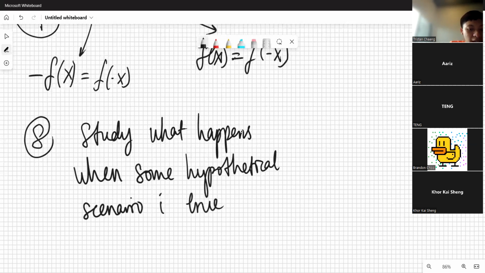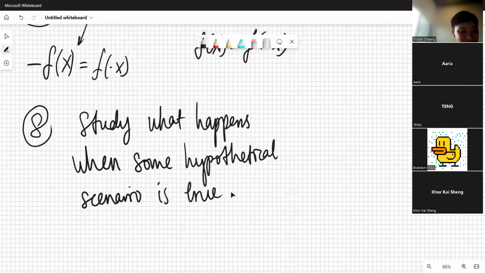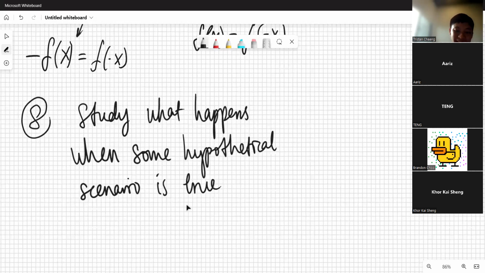So you're not sure if the hypothetical scenario works or exists, but you can try and see, oh, let's say something is true, and see whatever happens after it. Maybe whatever happens after it is that you get a contradiction. That means you gain one information, which is that hypothetical scenario cannot be true at all, right?